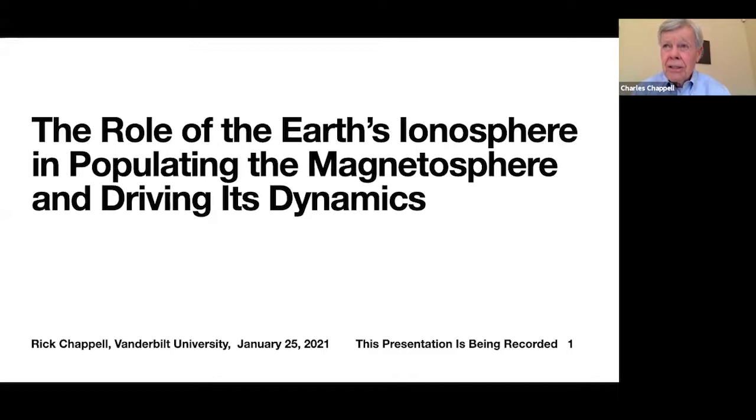And it's been a great journey to see how the perspective of the community has evolved in terms of the role of the ionosphere. We've always thought about the ionosphere as playing a very important role in storms and substorms as a recipient of energy from the magnetosphere and setting up the current systems that cause all of the storm dynamics to happen.